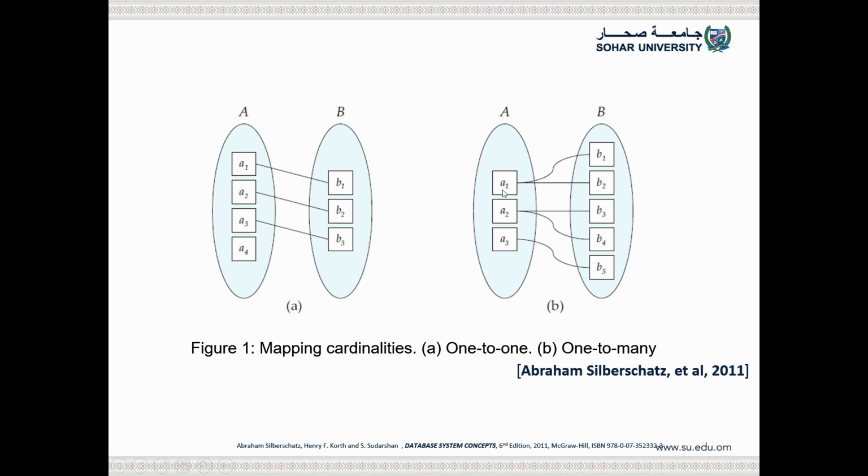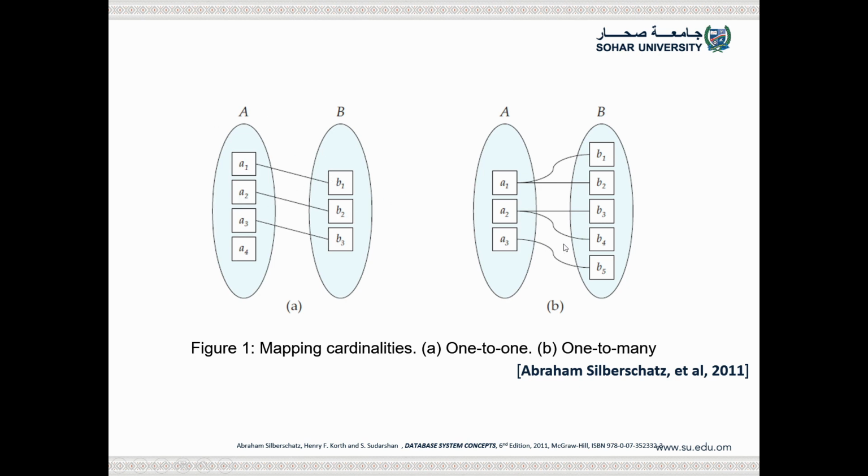B1 is connected to A1. B2 is connected to A1. Okay, so A is connected to both B1 and B2. So this is one to many relationship. This is one to one relationship, which is A1 connects with B1, A2 connects with B2.